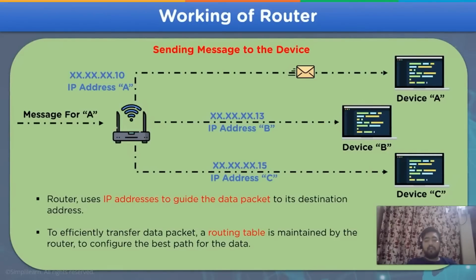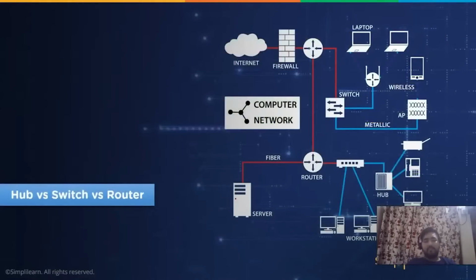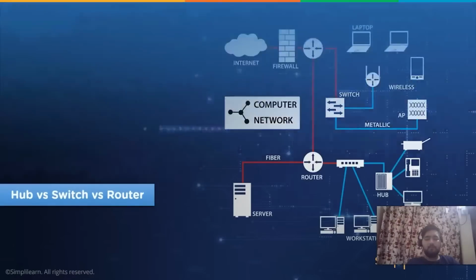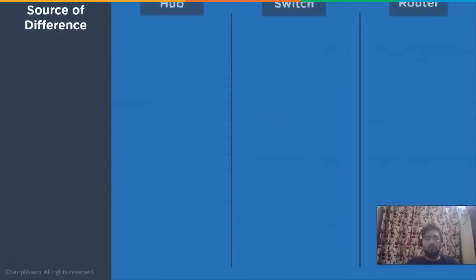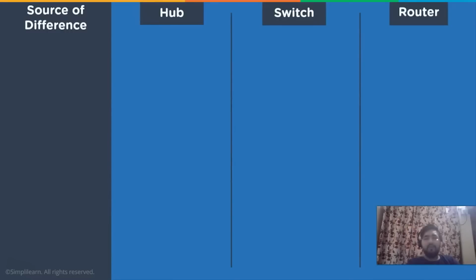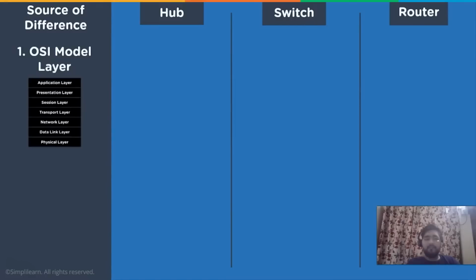Now let's move on to the last heading for this session, that is the difference between a network hub, switch and a router. For this difference, we will use different features to differentiate the working of a hub, switch and a router. The first difference is based upon the OSI model layer.